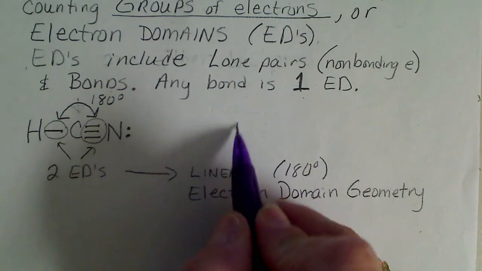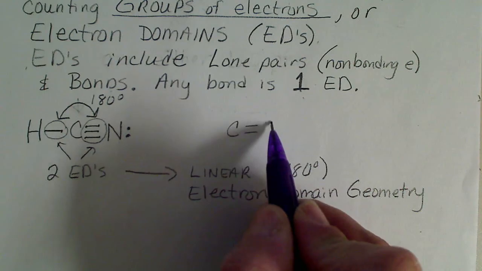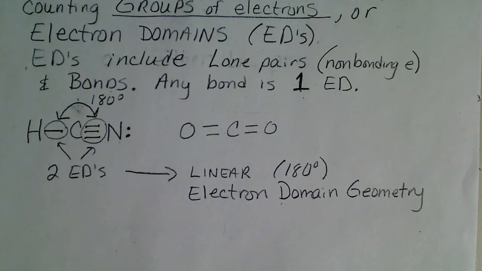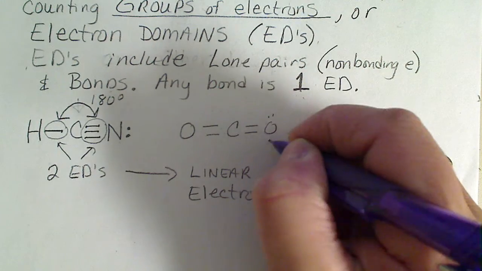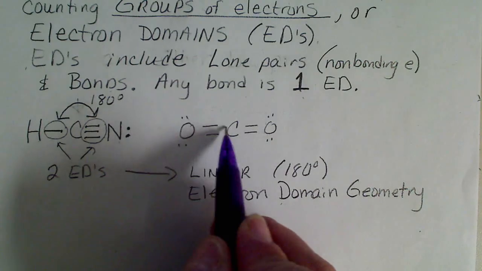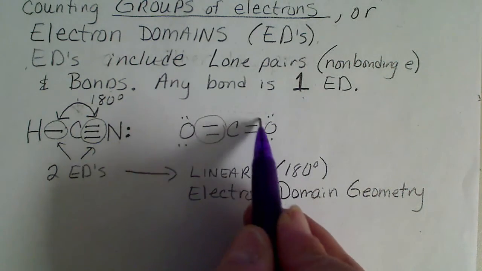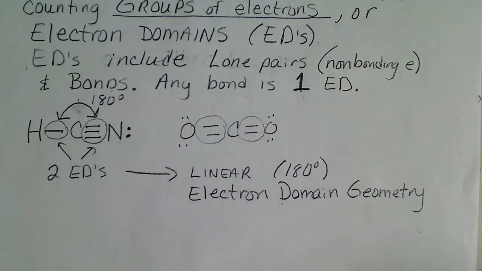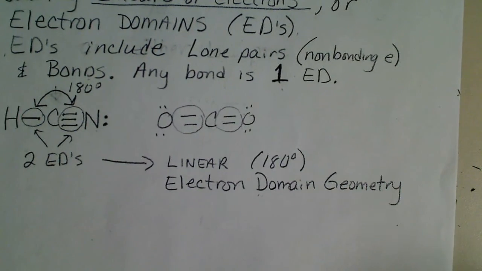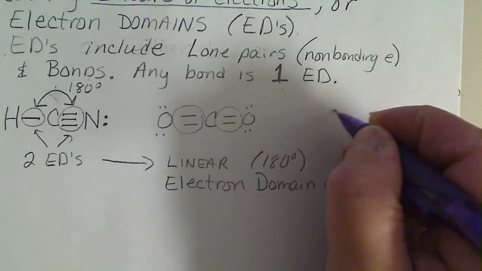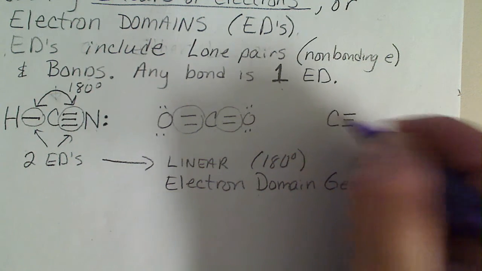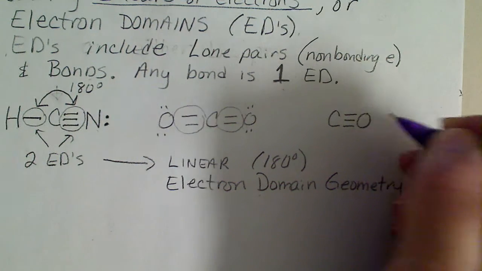This would also be the case for carbon dioxide. In this case, all we care about is the central atom, so it's not essential that we have all the dots on all of the outer atoms. But in this case, carbon, the central atom, also has 2 electron domains around it. This could also be true for a diatomic molecule, for example, carbon monoxide, carbon triple bonded to an oxygen.